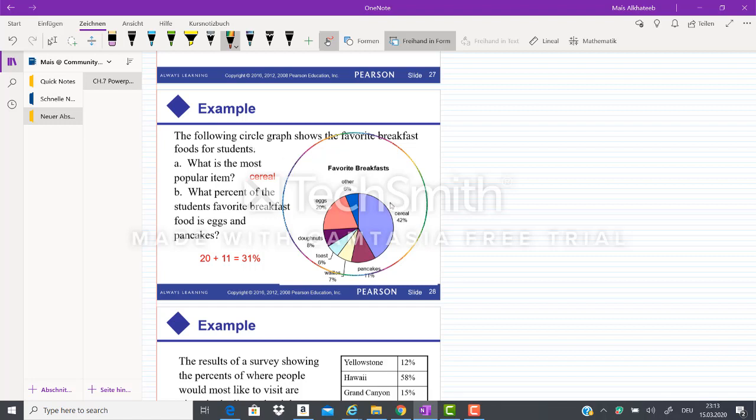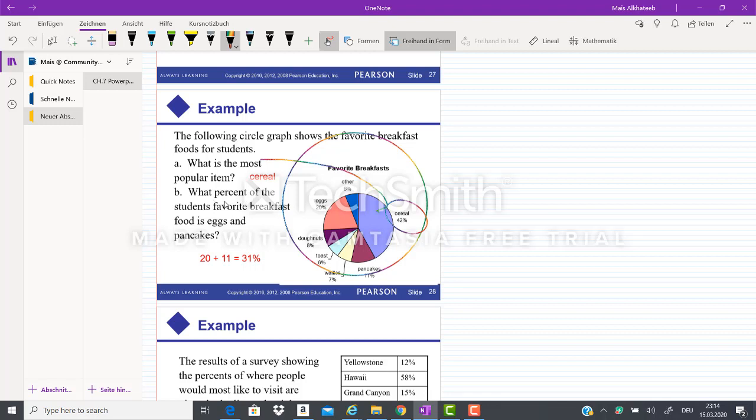They eat cereal, others, eggs, donut, toast, waffles, and pancake. What is the percent of students who eat cereal? They are 42%. What is the most popular item? All students like to eat cereal for breakfast.